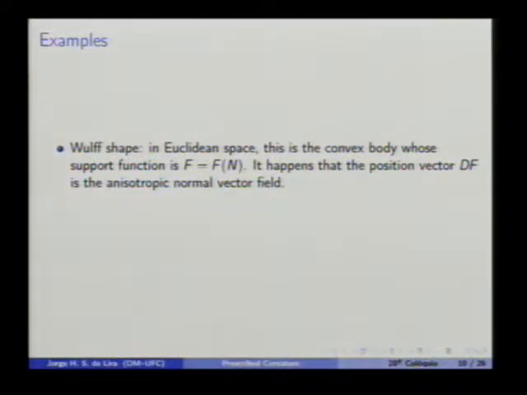The boundary of this convex body is the Wulff shape. And for the Wulff shape, the position vector is not, of course, in general, the normal direction, but in the anisotropic setting, the position vector is again the anisotropic normal vector field. So the divergence of this is constant, and you get a constant mean curvature in terms of anisotropy.